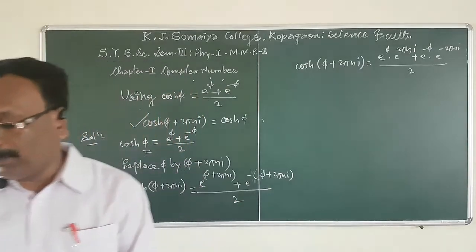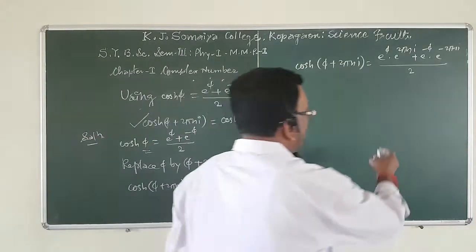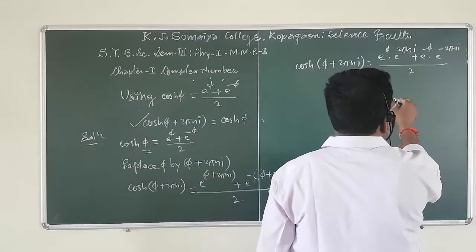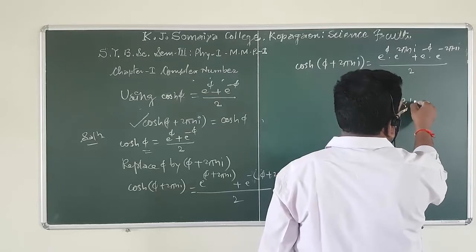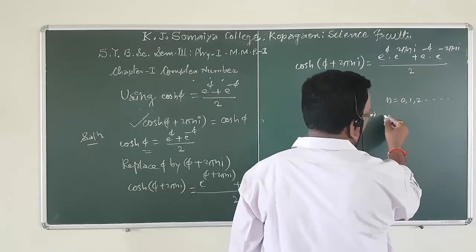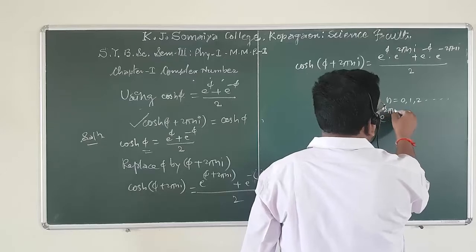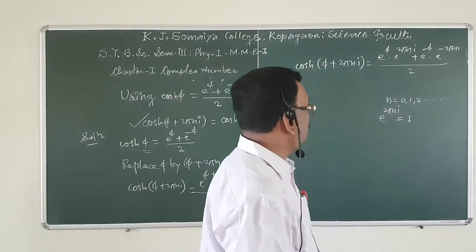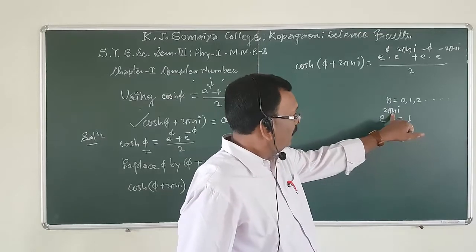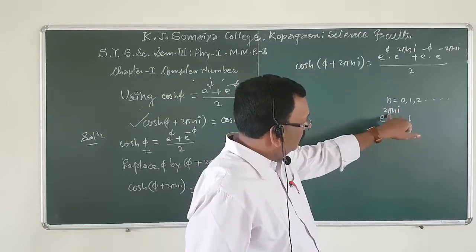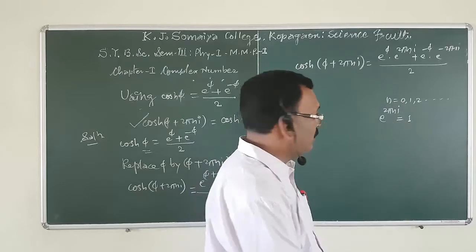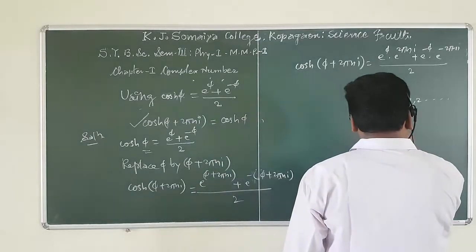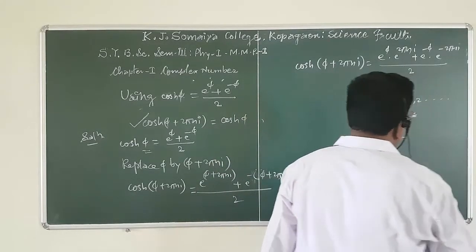Remember here that for any value of n, that is n equal to 0, 1, 2, e raised to 2 pi n I is equal to 1. Suppose we take n equal to 0, then 0 into 2 pi into I is equal to 0, and e raised to 0 is 1.